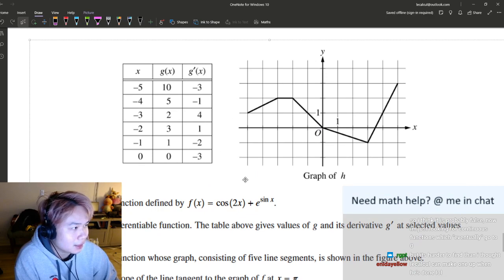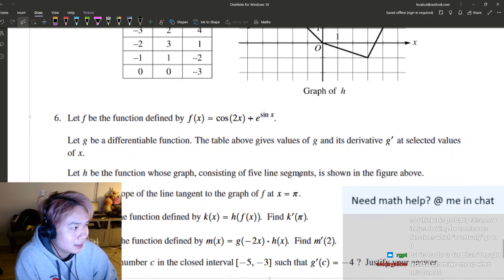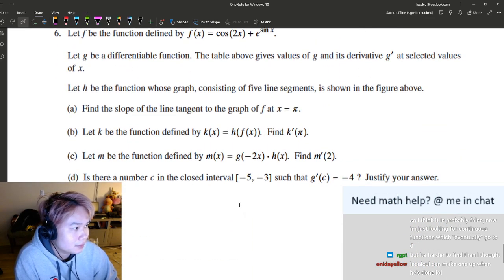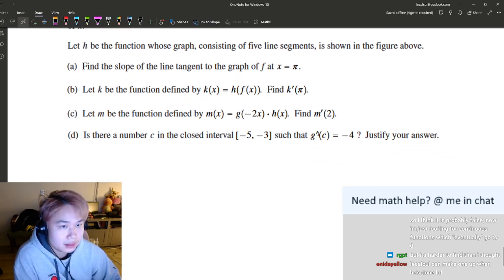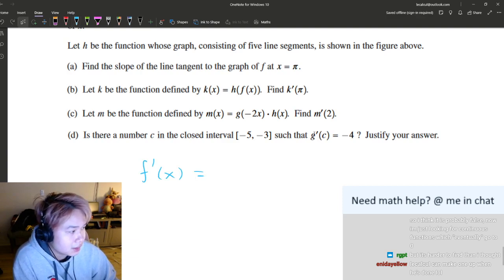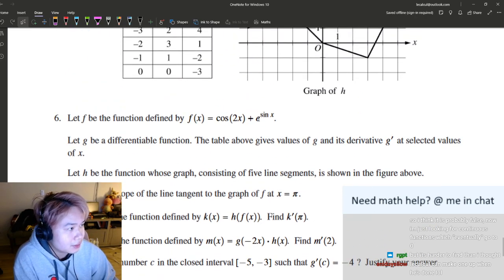Okay, 3 different ways to represent a function: F, G, and H. Anyways, what does it say? Find the slope of the tangent of f at pi. So we can just take the derivative of this, which is right here.